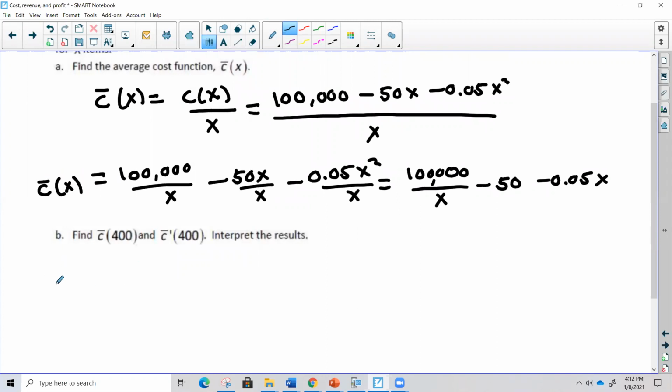And then B asks us to find values. So they said find the average cost at 400. So that means I'm going to plug in 400 into this function.